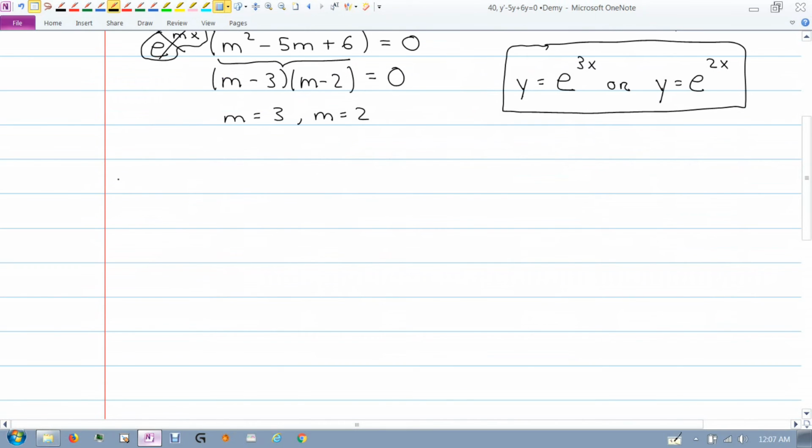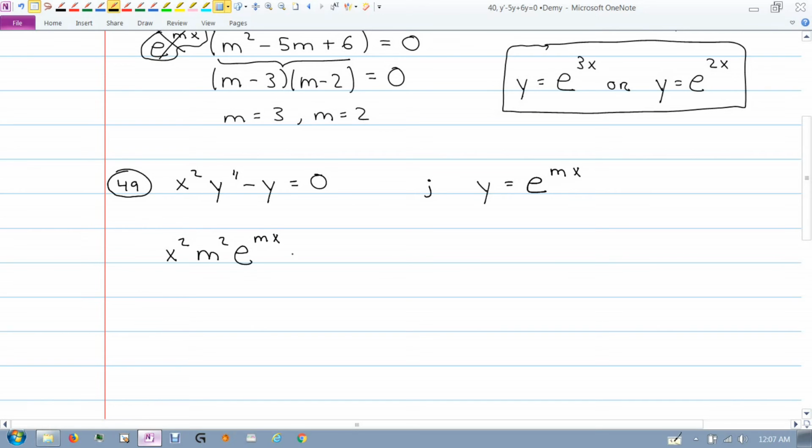All right, so for number 49, the same situation. We have x squared y double prime minus y equals 0. And we're still looking at the same condition that y would be equal to e to the mx. We've already taken these derivatives, so we can just plug in. We have x squared, y double prime is m squared e to the mx, and then minus y, which is e to the mx, equals 0.